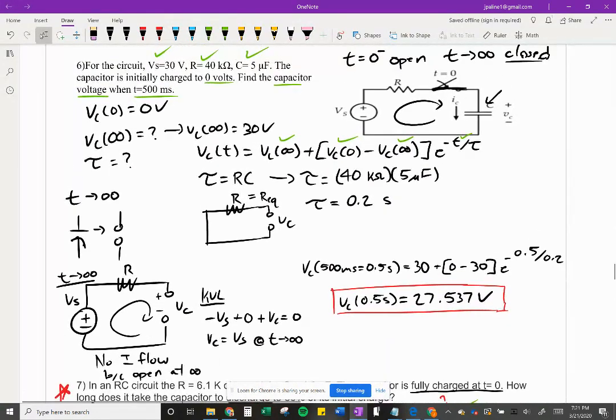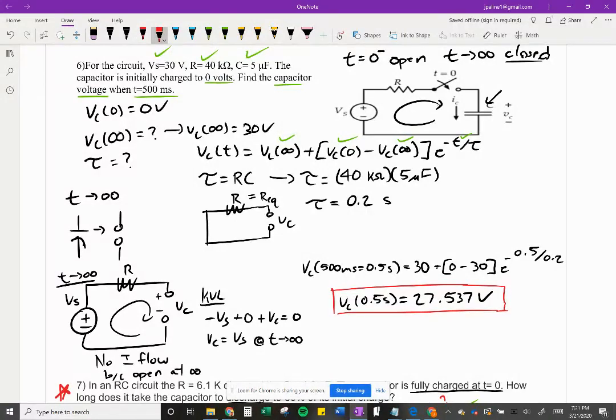All right, so we'll look at our circuit here. This circuit originally had a capacitor, a voltage source, a resistance, and a switch. We can see the switch was initially open. Since it was open, the capacitor voltage was initially 0. You can see from the problem statement, initially 0 charge.